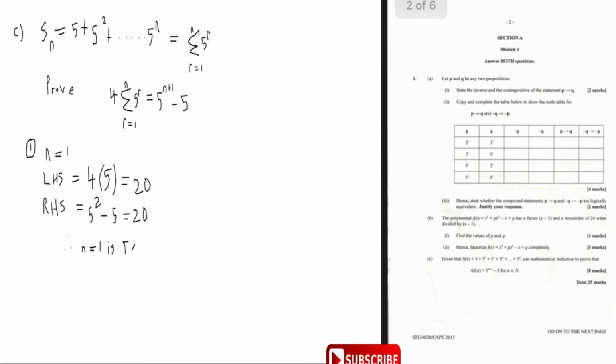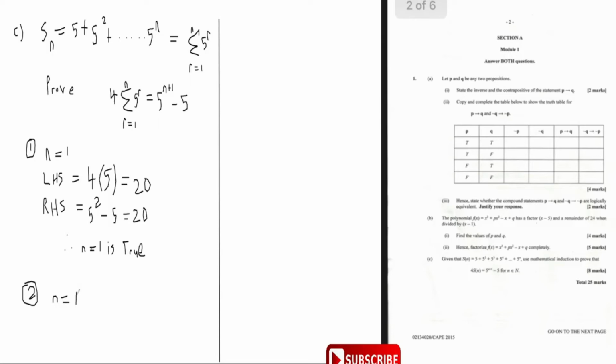So now what we need to do is assume n equal k is true. That is step 2. So let n equal k.